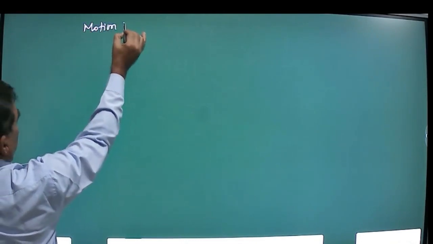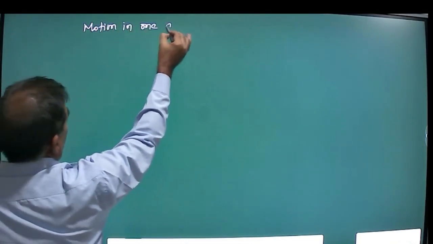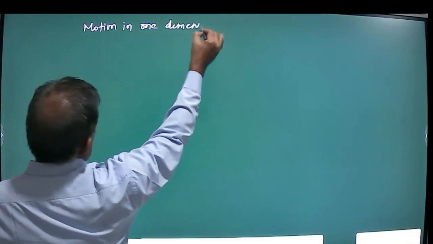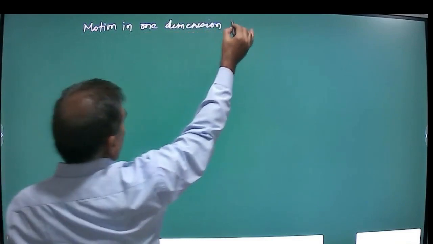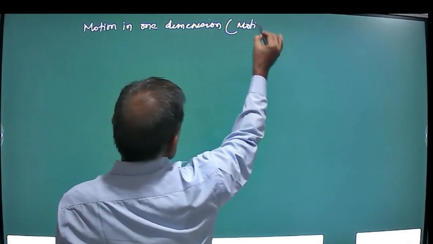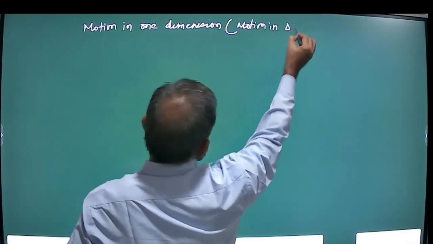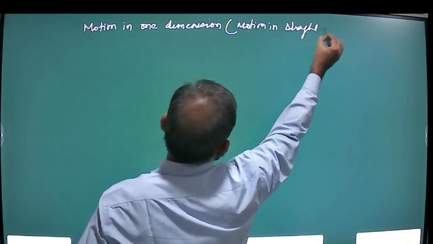Motion in one dimension. This is also known as the motion in a straight line.